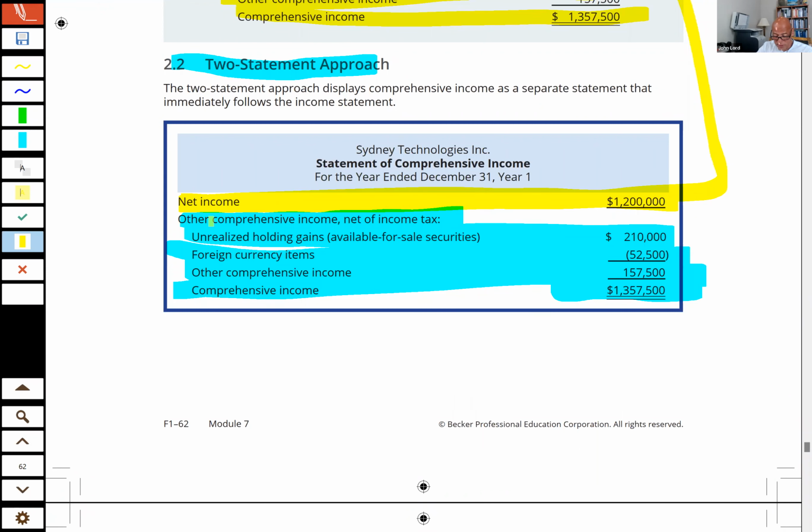Okay, when I showed you that little example and I showed you that 100,000 showing as a line item on the statement of comprehensive income, that was showing you the change for the period, right? It was 100,000, then it was 300,000, although we had that little hidden reclassification adjustment thing that they made me disclose other stuff for.